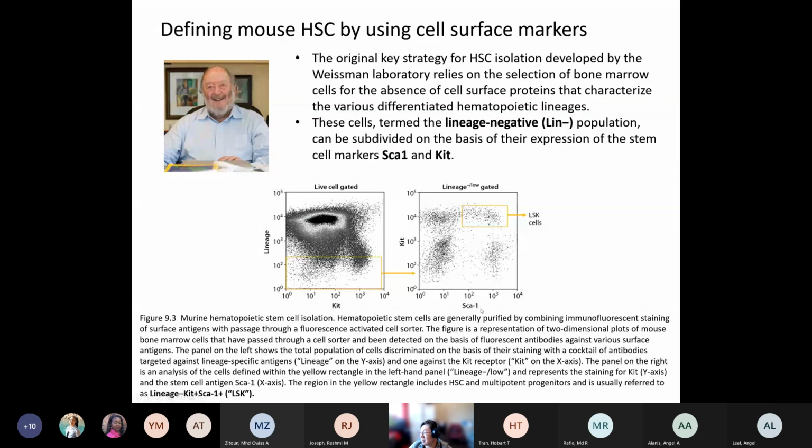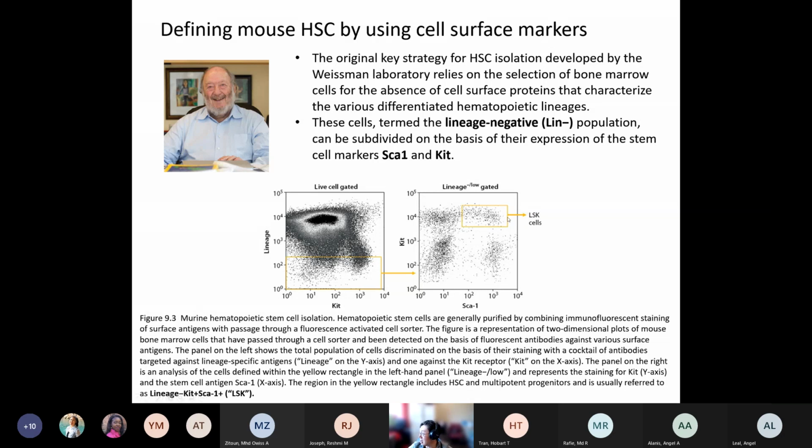And in the next analysis, what they did is using two other antibodies. One is called SCAR1, the other is called KIT. So again, these are cell surface markers representing stem cells. Okay, so if you observe this plot, you have four quadrants here, right? The bottom left will be the c-KIT and SCAR1 negative. No, not positive for either of them.